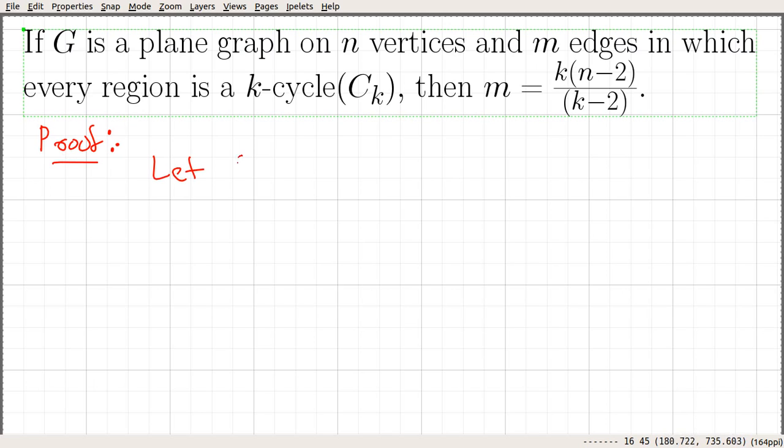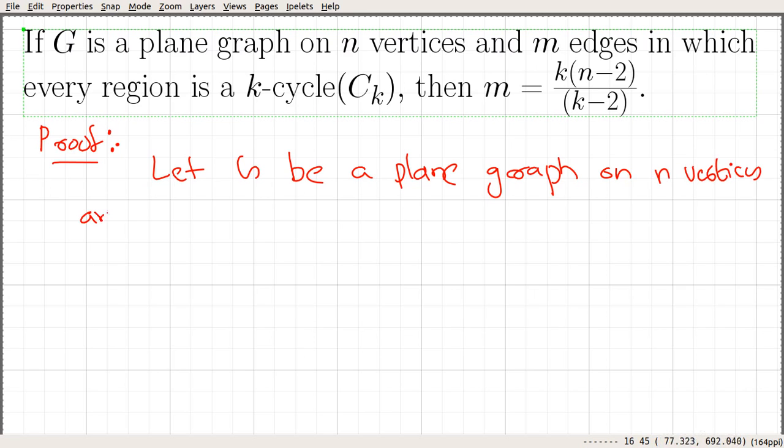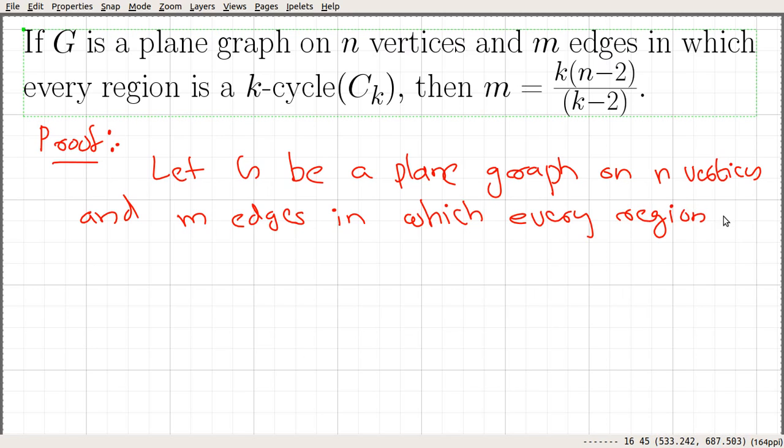Let G be a plane graph on n vertices and m edges, in which every region is a k-cycle.